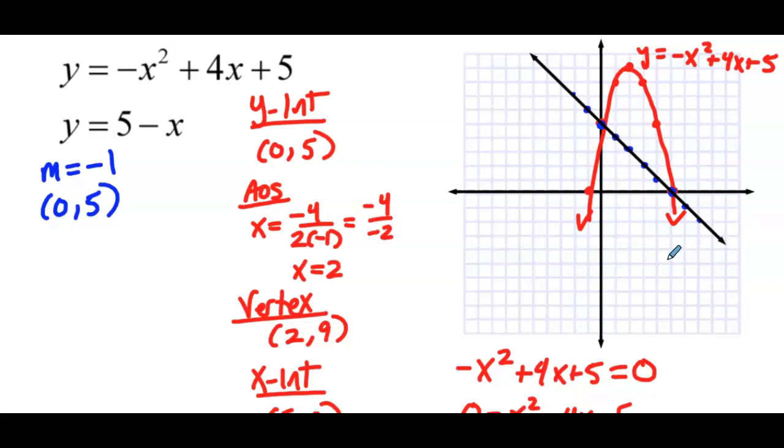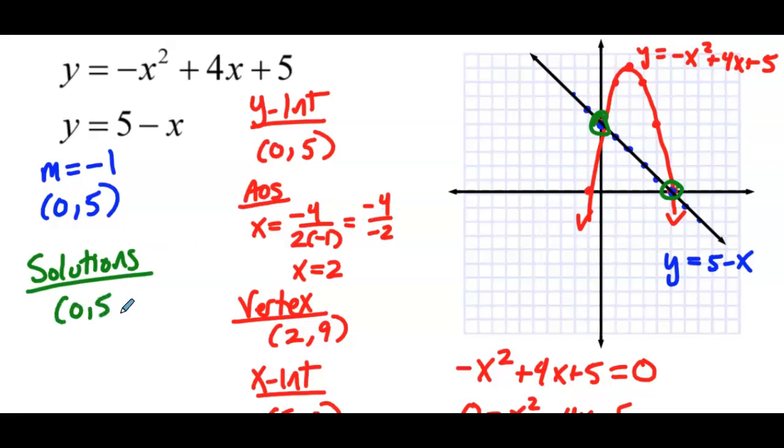And we'll label that y equals 5 minus x. So our points of intersection are here and here. So our solutions are the points 0, 5, which is the y-intercept, and then we have negative 5, 0, which is the x-intercept of both curves.